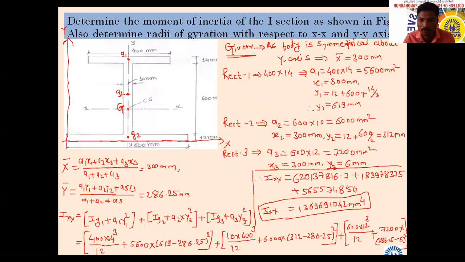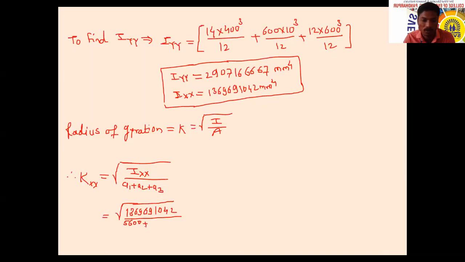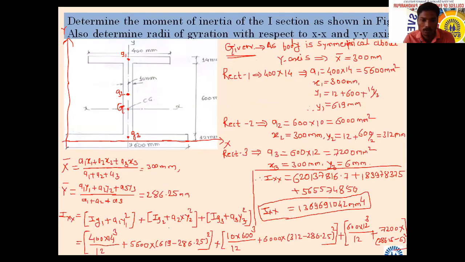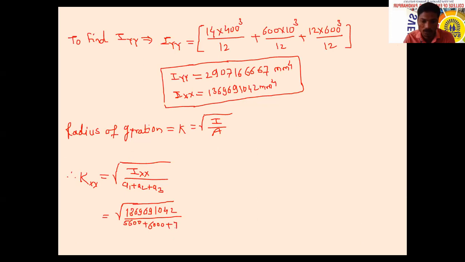Please tell me if it is there in your notebook. And calculate this Kxx. Can someone calculate and tell me how much it is?